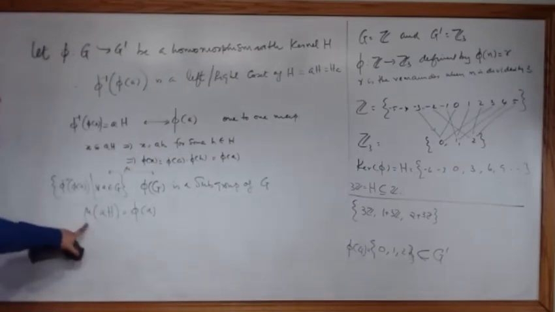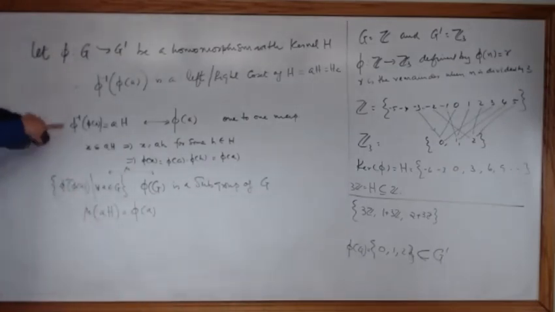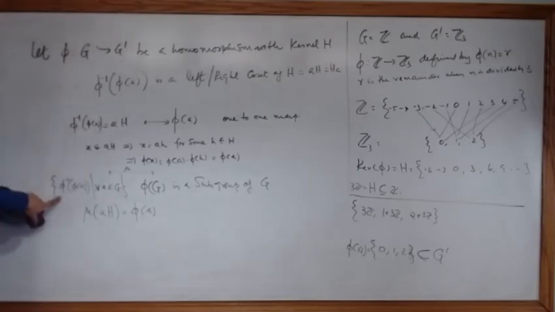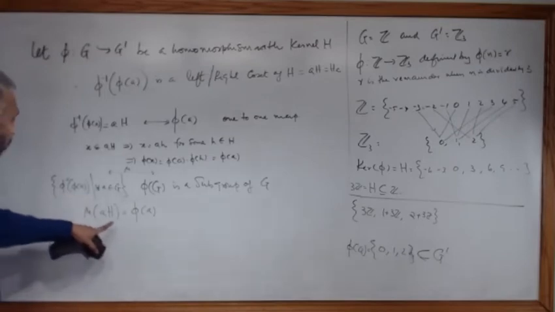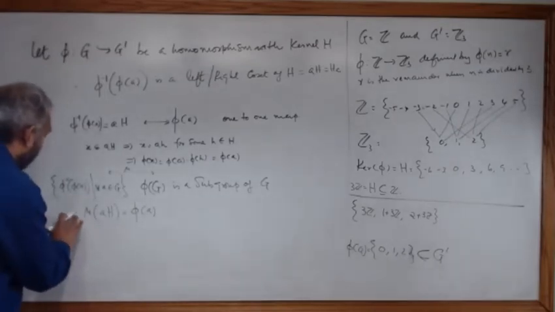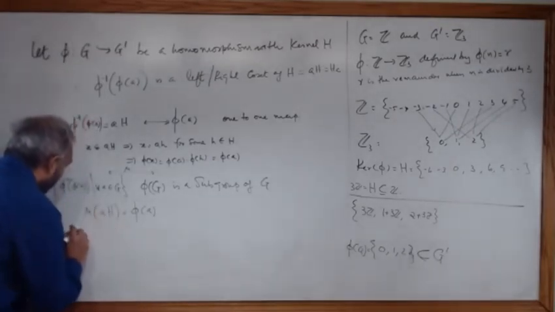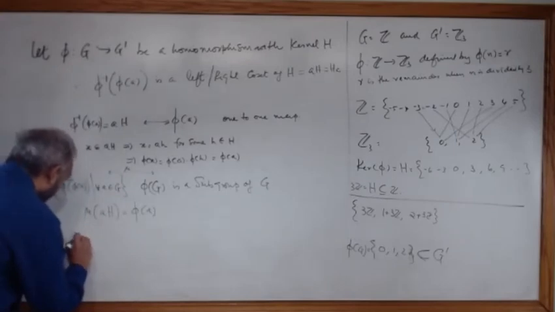With this bijective map, we can build a binary operation on the collection of cosets. So how do you define it?